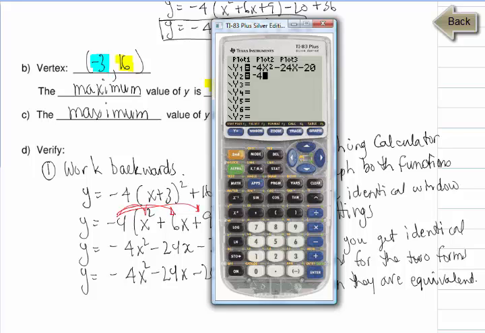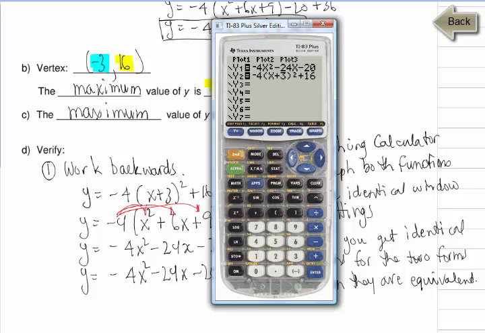So negative 4 bracket x plus 3, oops, not x squared, sorry, just x. There we go, x plus 3 squared plus 16.